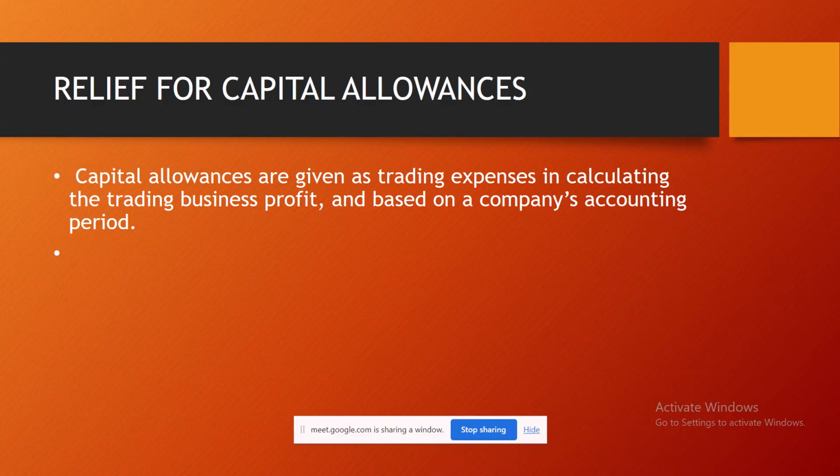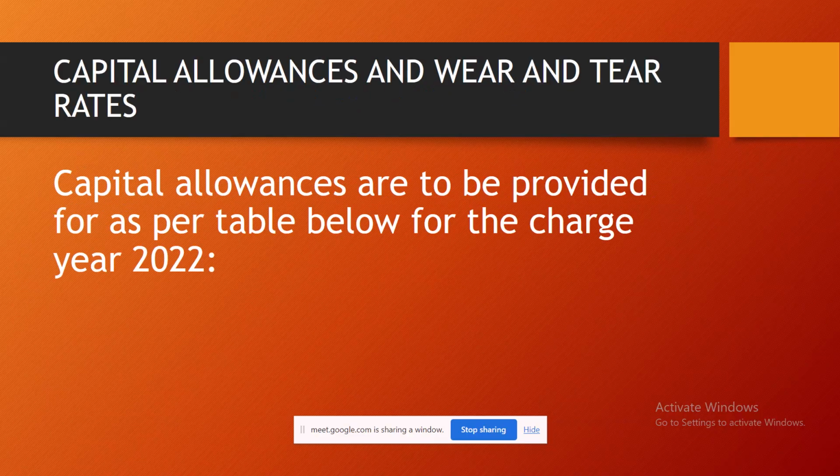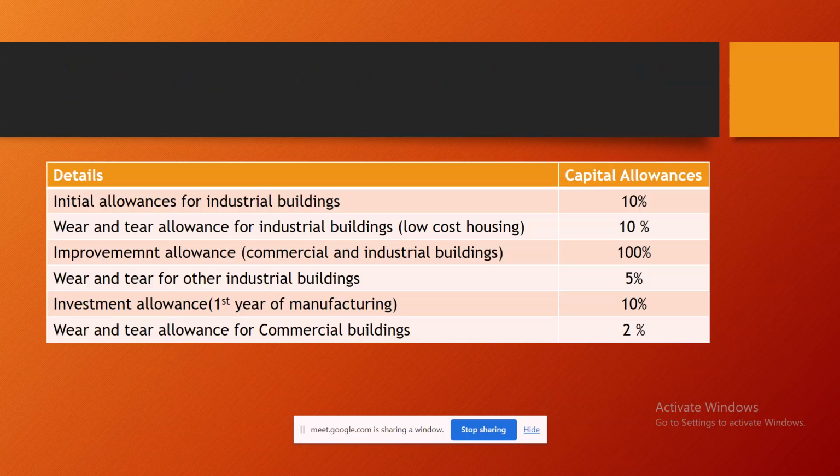They reduce the taxable profit. So now, in the meantime, we need to understand that there are certain tax rates that are applied when it comes to calculating capital allowances.